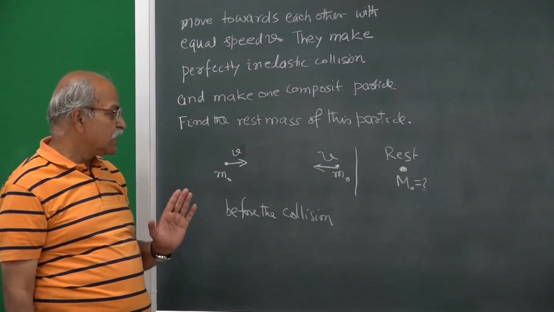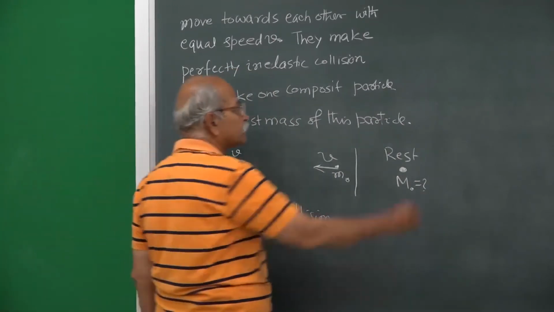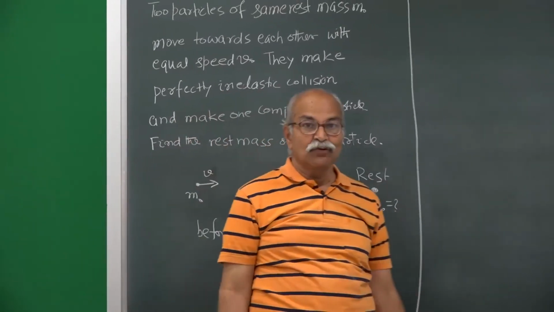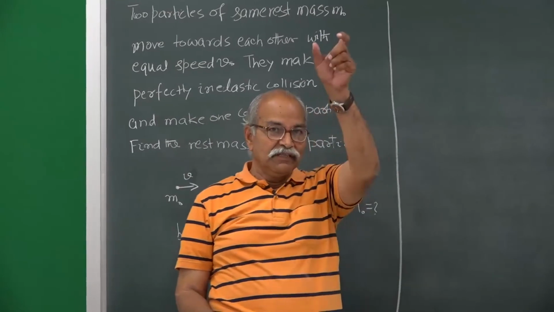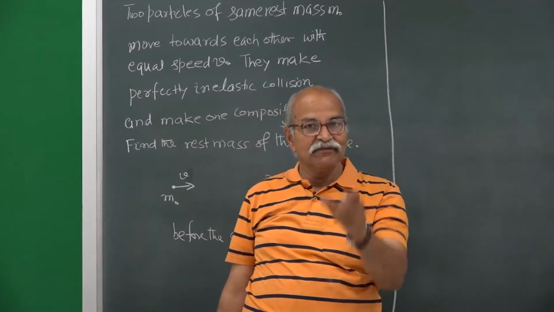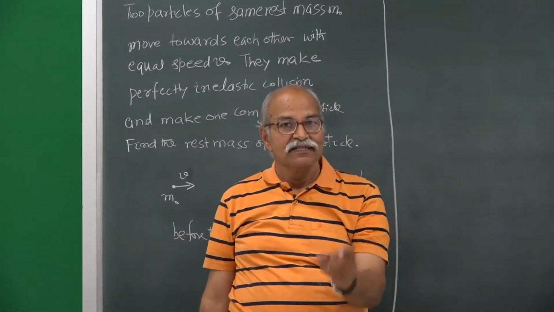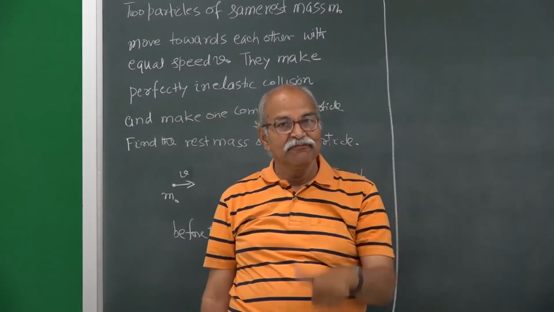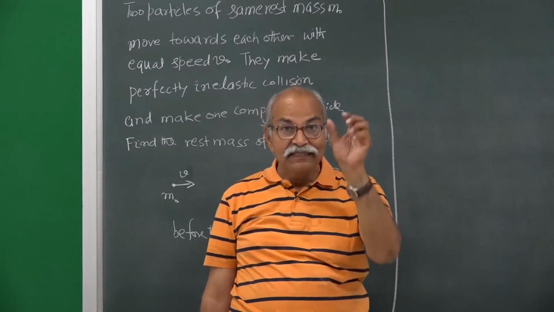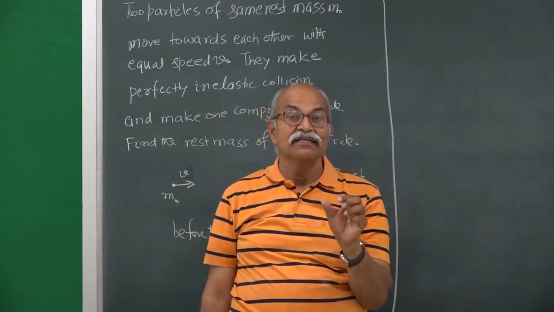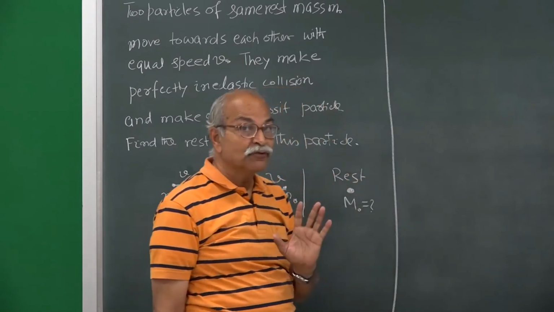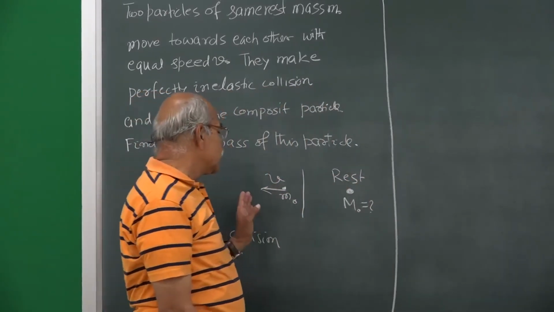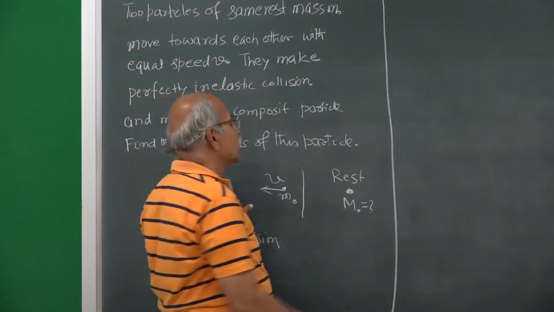And now, let us apply energy conservation. Which energy? Total energy. You have energy and momentum as one 4 vector: E by c and then Px, Py, Pz. They are separately conserved if no external forces act on the system. So total energy should be conserved.